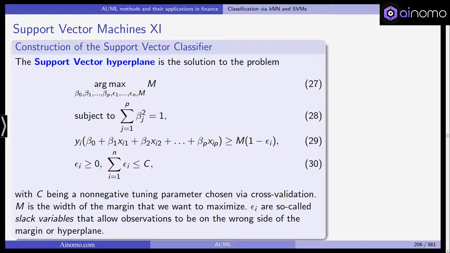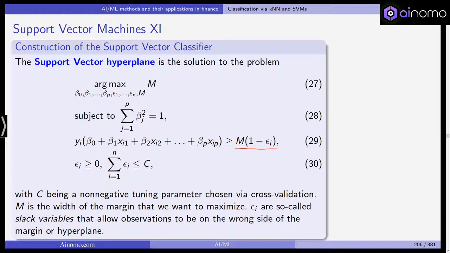The difference now is, first of all, that the observations should not be exactly higher or lower than M, so it's not like we are again looking for a separating hyperplane, but we have some discretion.